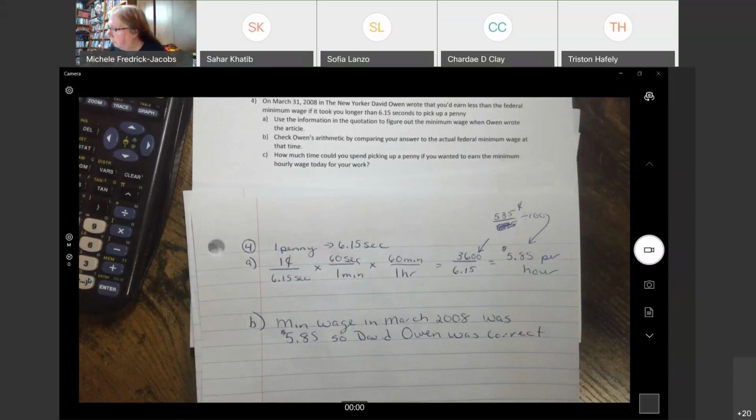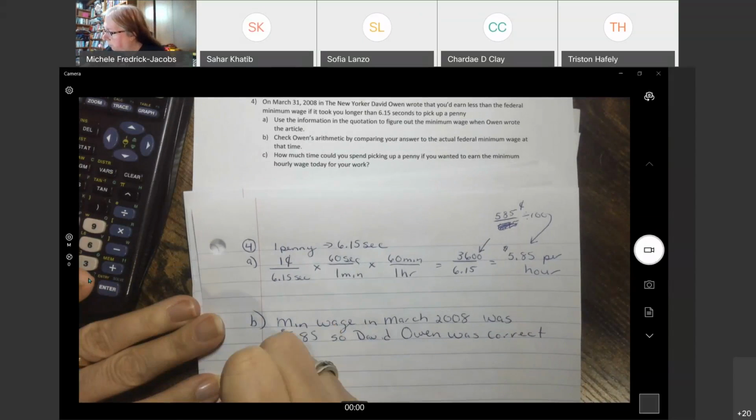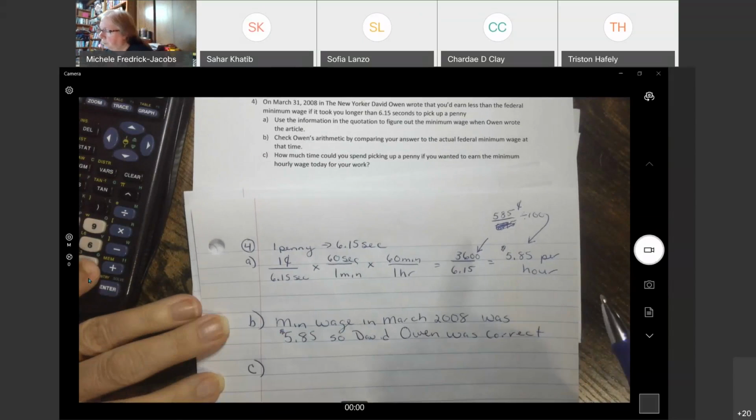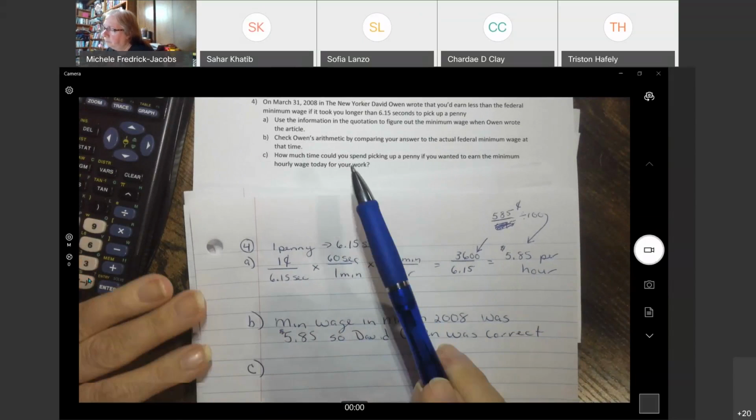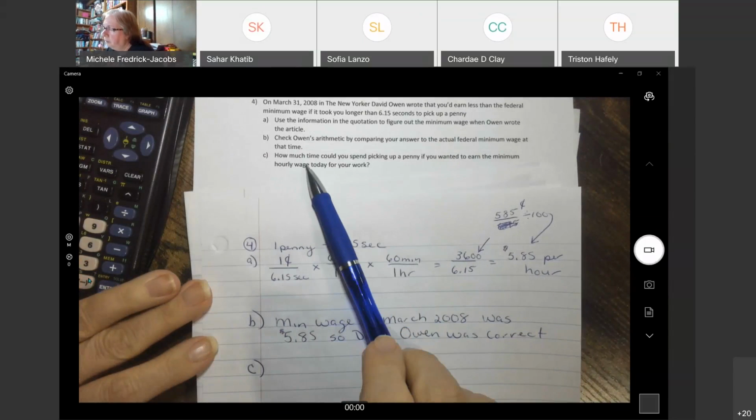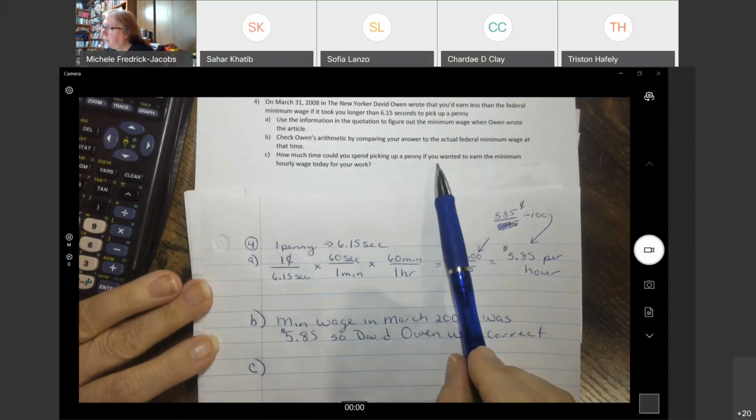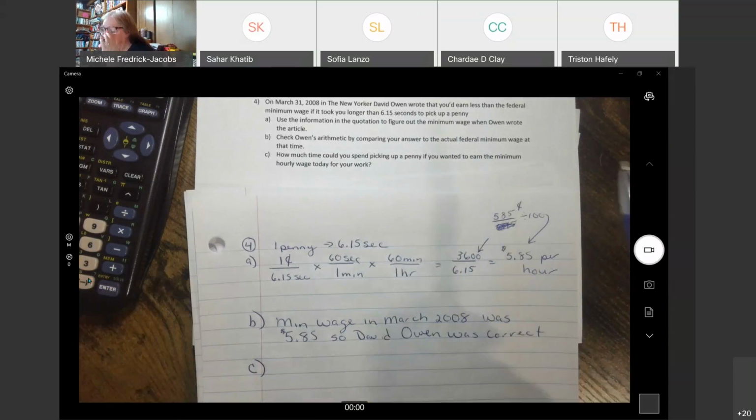Part C. How much time could you spend picking up a penny if you wanted to earn the minimum hourly wage today? I'm going to use the 7.25 because that's what we used in the other problem. That way I can keep my answers uniform. If you use a different one, that's fine.